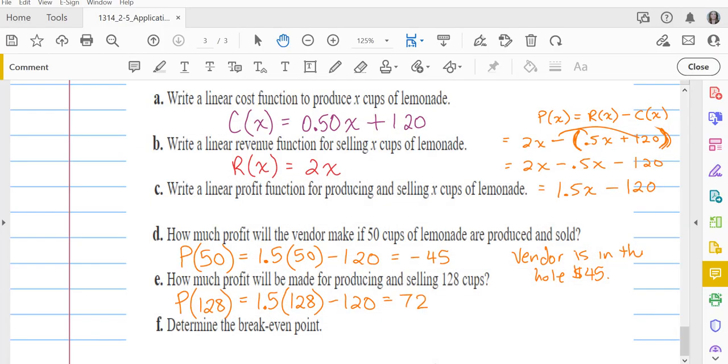What does that mean in terms of the problem? The vendor has made a profit of $72.